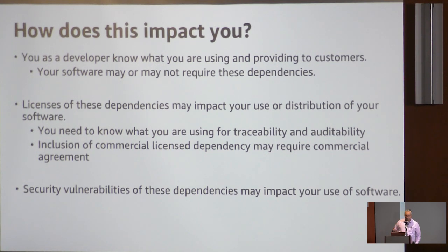Or if one of the dependencies requires you to have a commercial license, then at that point you might need to check with your legal department to make sure that you have a commercial agreement to use that particular license. Security vulnerabilities in those dependencies that you are downloading or using may impact how you are using your software as well.